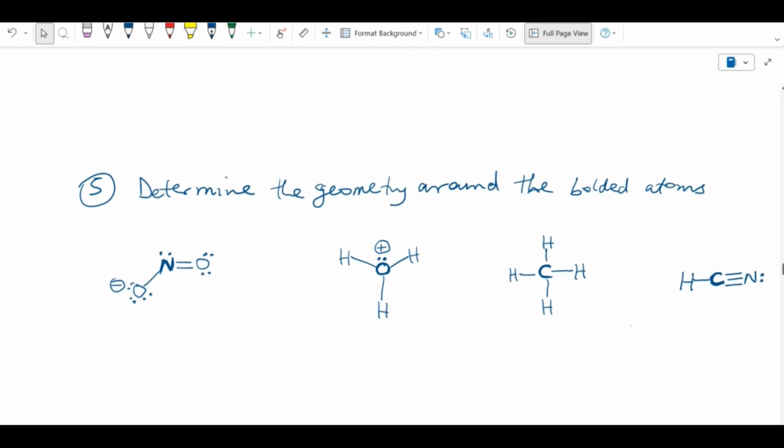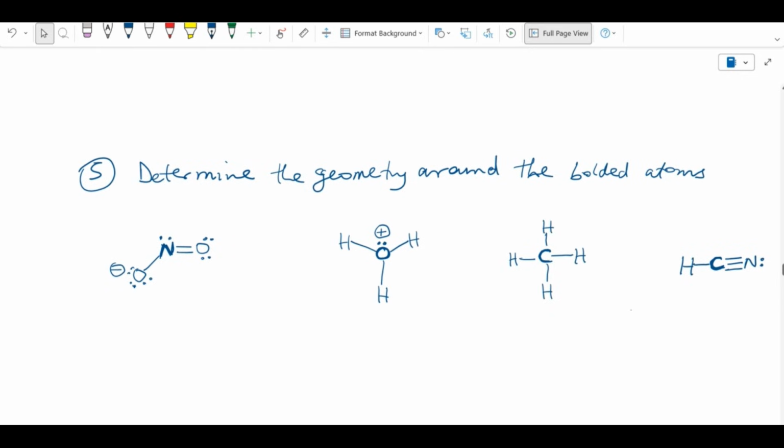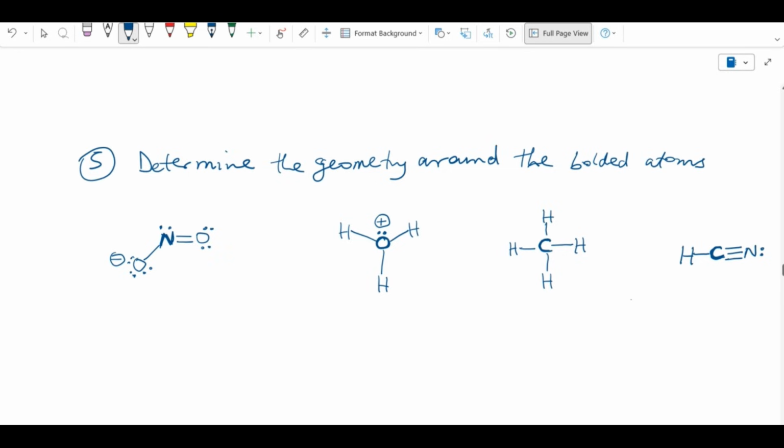This question asks us to determine the geometry around the bolded atoms. So let's do that. Let's determine the geometry around this nitrogen in this compound. What's going to be the geometry of the nitrogen atom? To determine the geometry, we must first determine the hybridization.